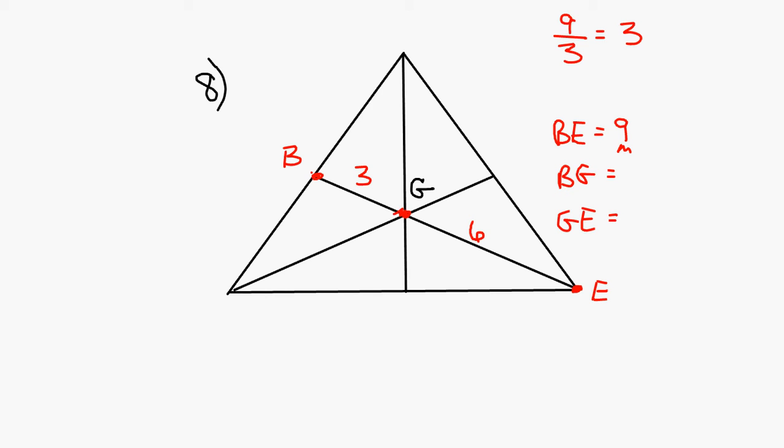The short piece of the median is 1/3 of the entire length. The long piece of the median is always twice as big as the short piece. So B to G is 3, G to E is 9.